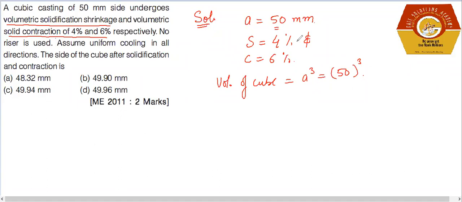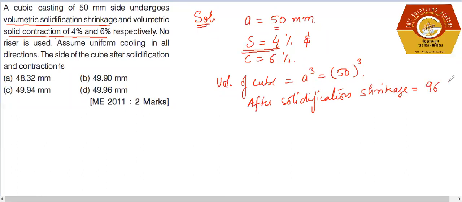So let us understand, if 4% is the solidification shrinkage, then after the solidification shrinkage, the available volume should be 96%, right? Available volume is 96%.